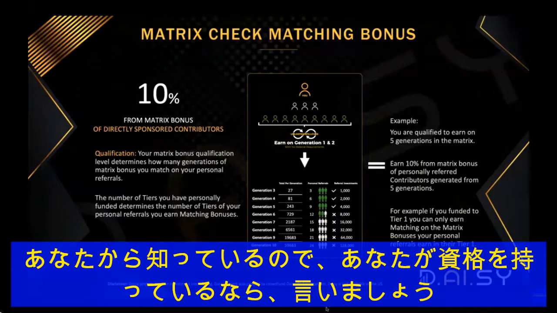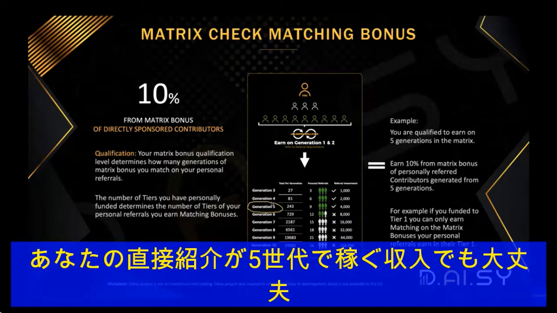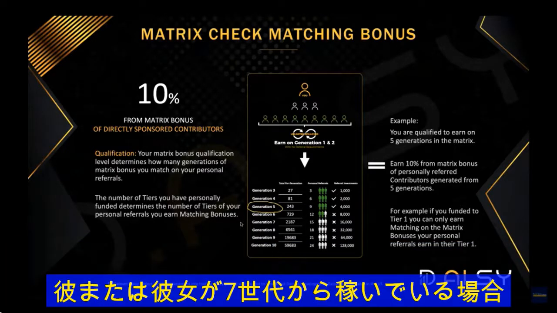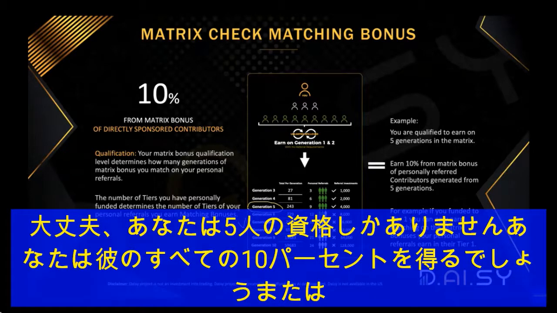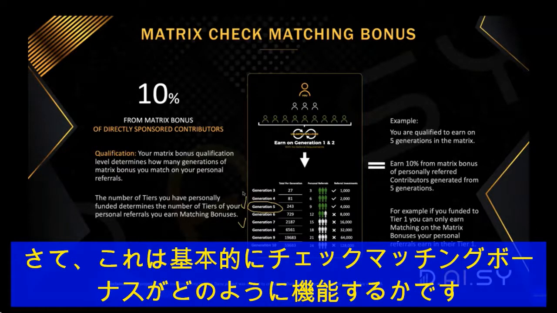So if you are qualified, let's say for generation 5, you will earn 10% of all the matrix income your direct referral makes within 5 generations. Even if he or she is earning from 7 generations and you are only qualified for 5, you will get 10% of all his or her earnings from those 5 generations. So this is basically how the check matching bonus works.